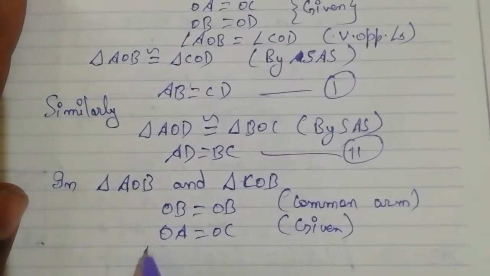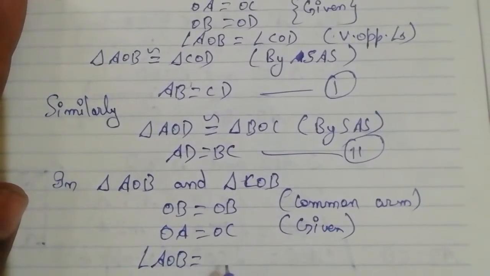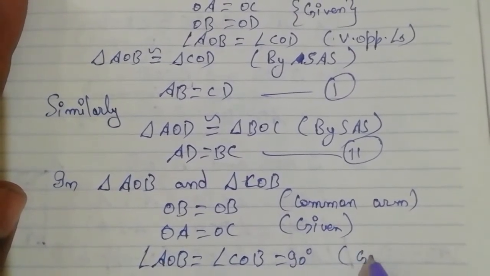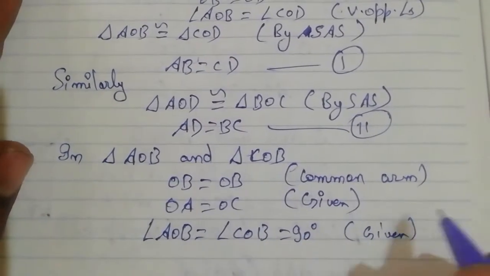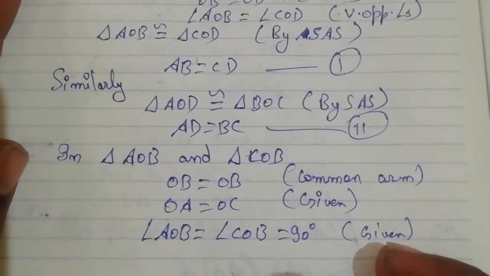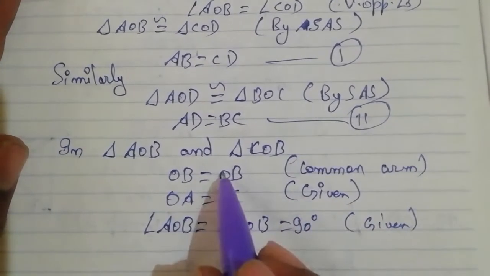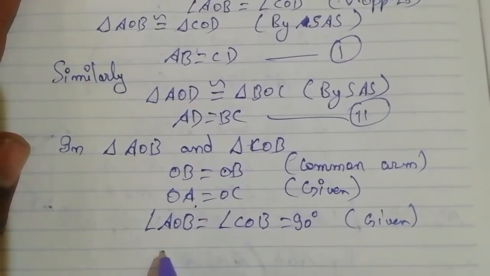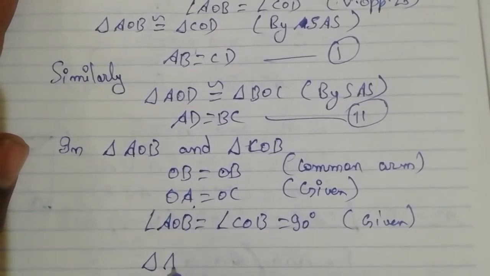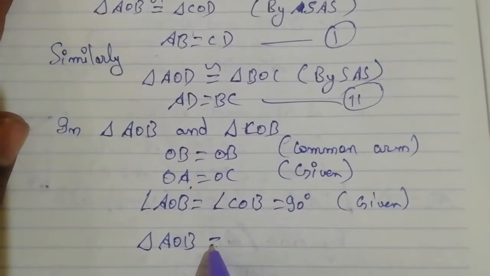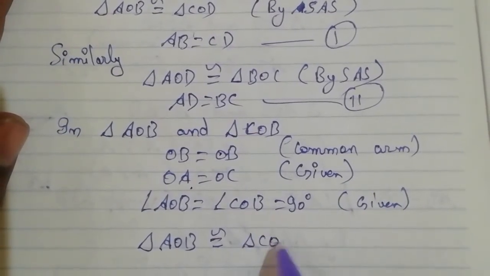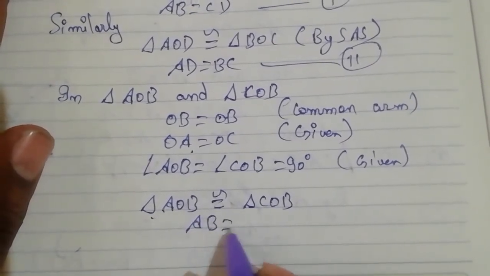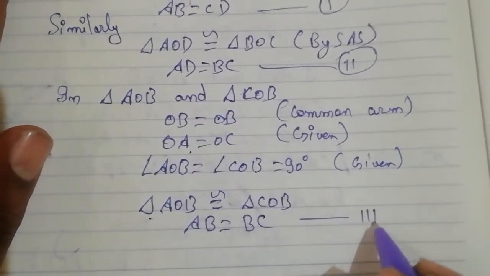Also it is given that angle AOB is equal to angle COB is equal to 90 degrees, because diagonals are bisecting each other at 90 degrees. So this is the side, this is the side, and this is the angle. By side angle side we can say that triangle AOB is congruent to triangle COB. So from here we will get AB is equal to BC. So this is our third conclusion.